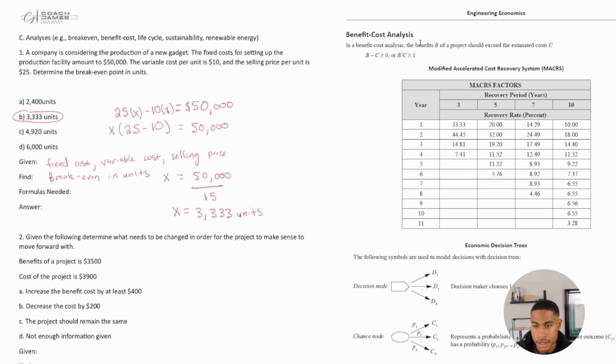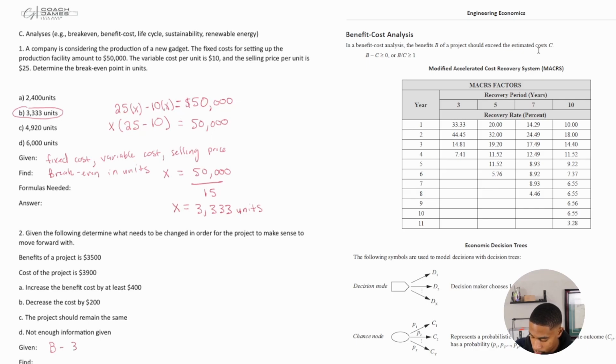In a benefit cost analysis, the benefits B of a project should exceed the estimated cost C. Right now, the information we're given is the benefits, which is 3,500, versus the cost, which is 3,900.